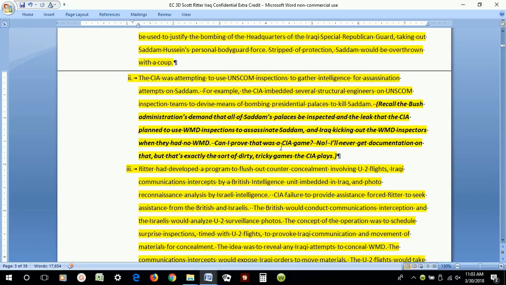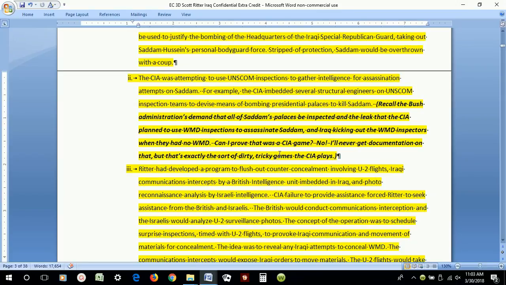Now, can I prove this was a CIA game? No. The only way to prove it is to have a plan in hand, a document in hand. And you think I'm going to get that? Hell no, so I'll never get documentation on that. But I tell you, that's right along the lines of a CIA game, to play perceptions.